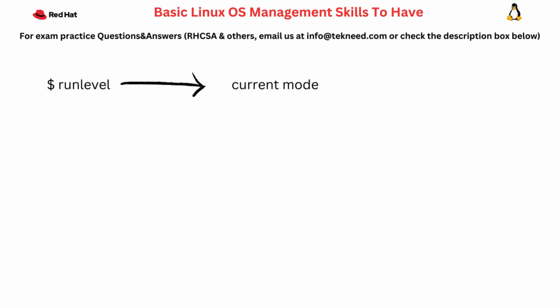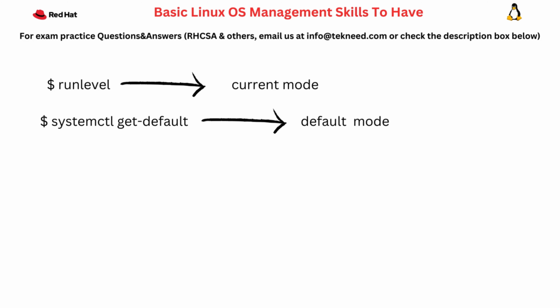And to see the default target of your system for both Red Hat and Ubuntu systems, we can use the command systemctl get-default.